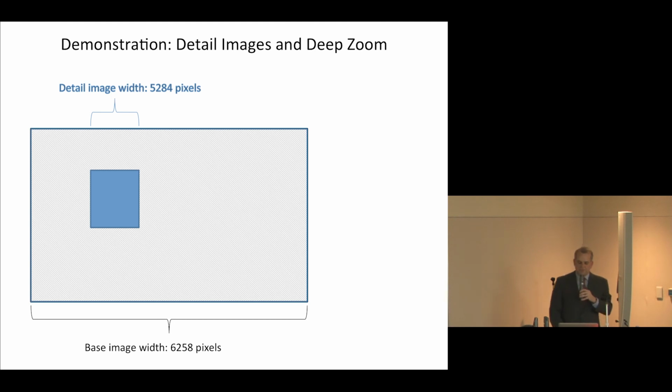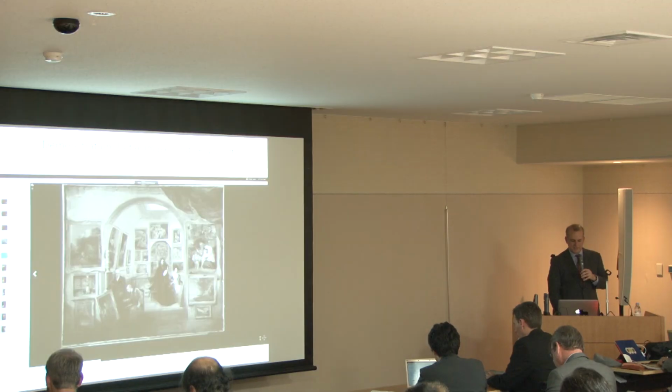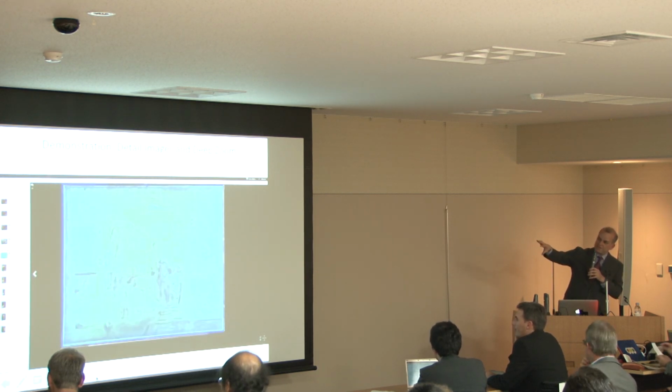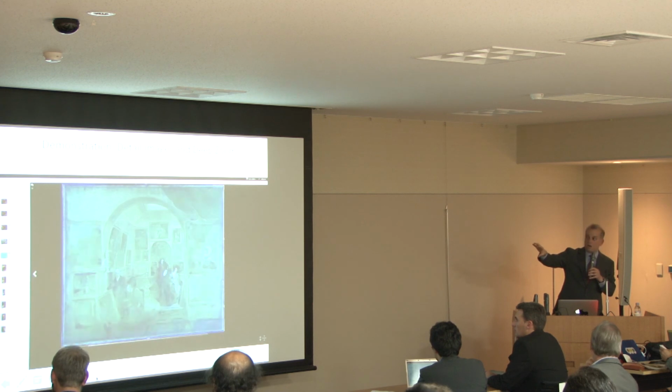And now a final example is just to show you the power of the deep zoom. We have a canvas. The underlying image is about 6,000 pixels across, but we can annotate a very high resolution image into a very small area on the painting or on the canvas. So we can annotate a 5,000 pixel image into a very small area. And viewers like Mirador will allow you to zoom in completely on those detail images. So again, here's another painting. We have many detail images as well as some UV and IR.